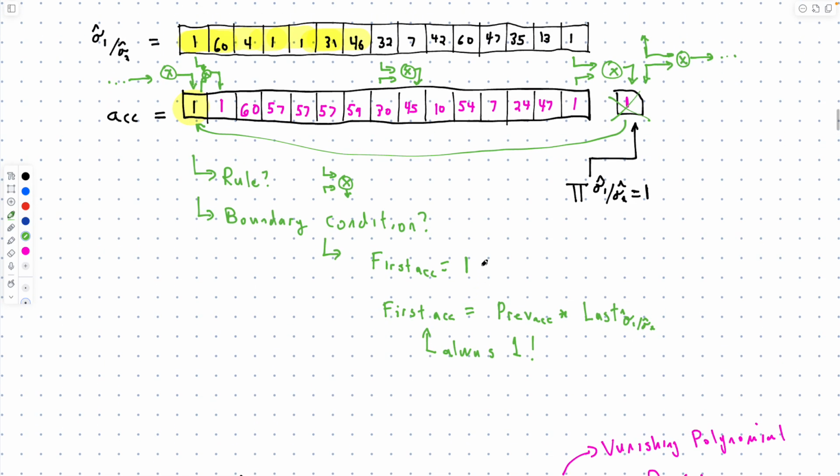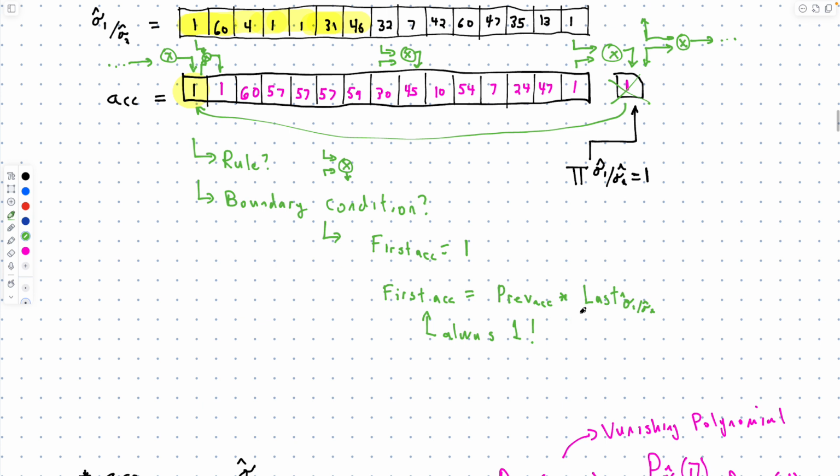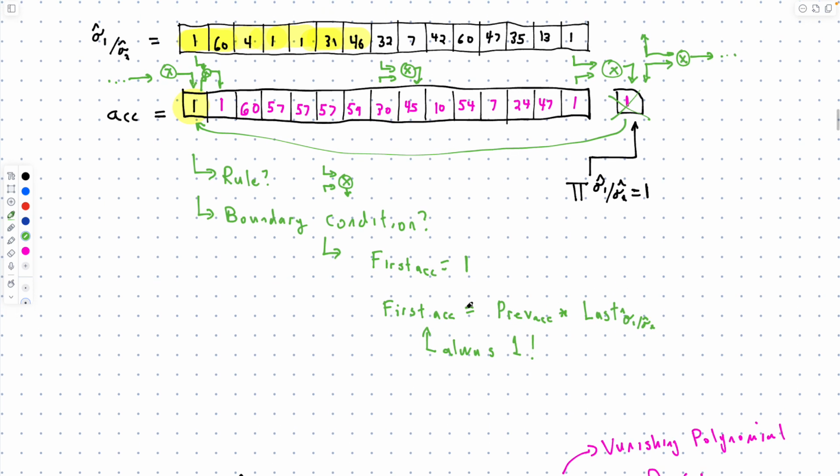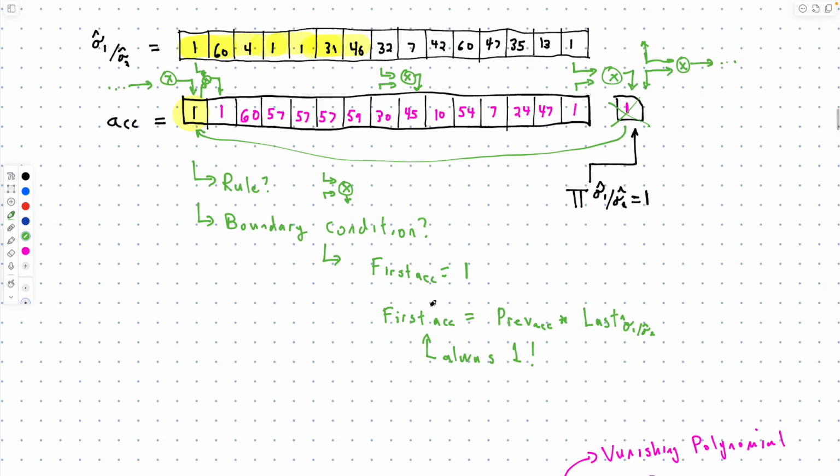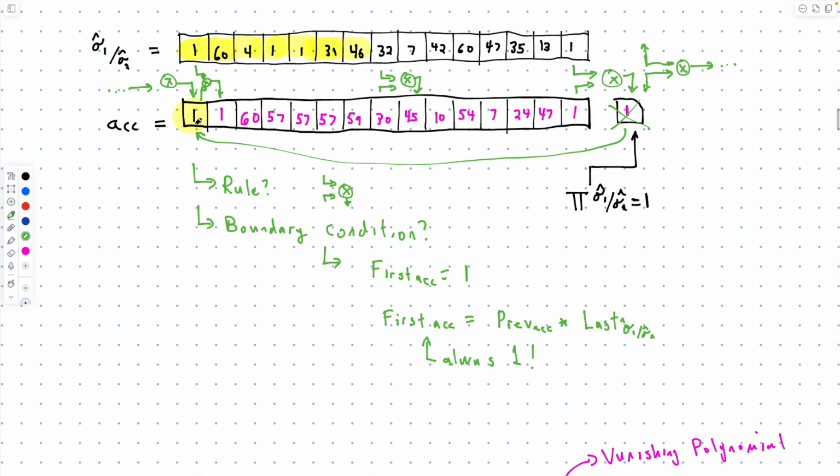Okay, so the first value of the accumulator will be set to 1, and the last element of the accumulator should always be 1, but because it wraps, the first element of the accumulator is going to be the previous value multiplied by the last thing, and it's always going to be 1 anyways.